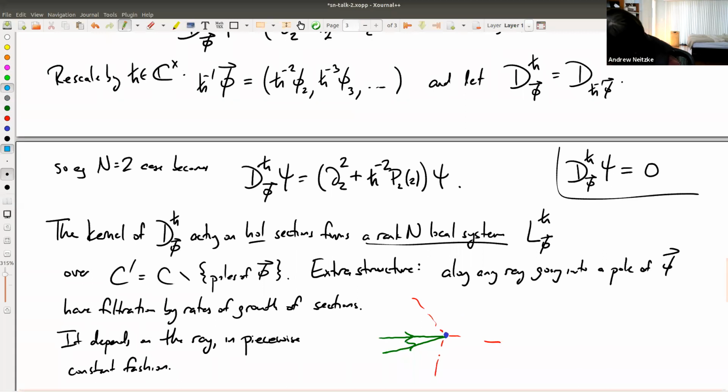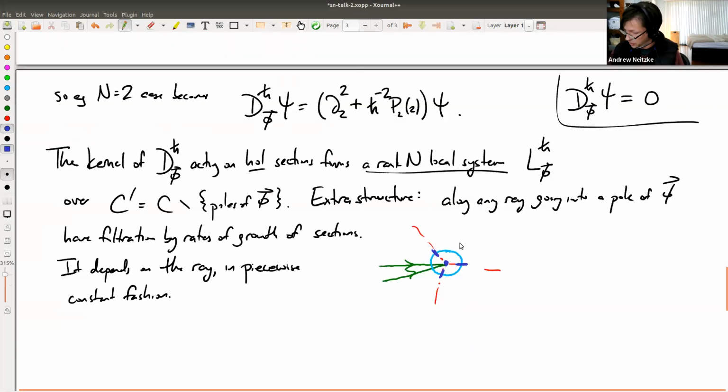If I think of making a little circle here, which is all the possible asymptotic directions of going into that singularity, there'll be some marked points where the filtration changes. And so what I really get is some finite collection of filtrations, one for each arc on this circle.